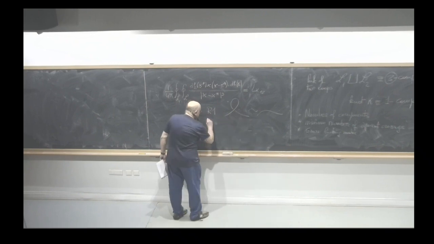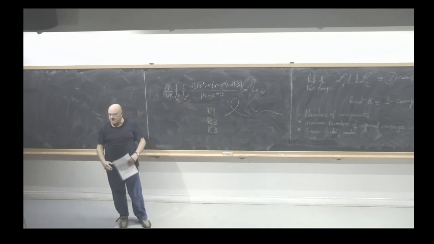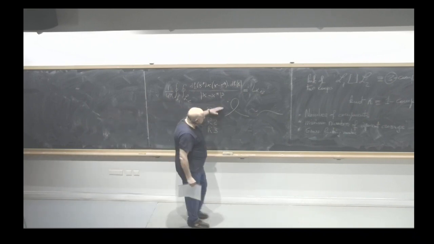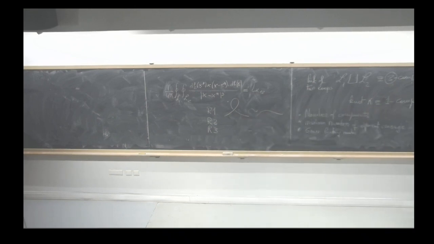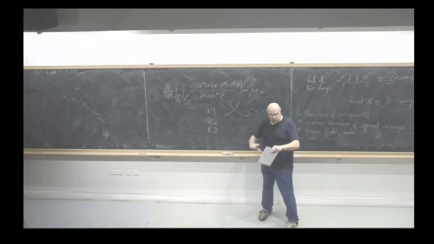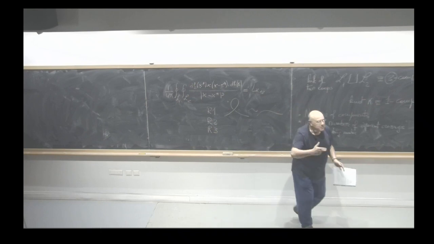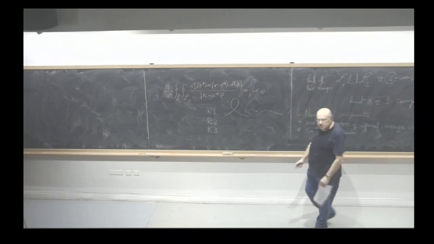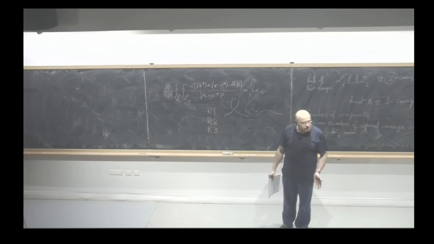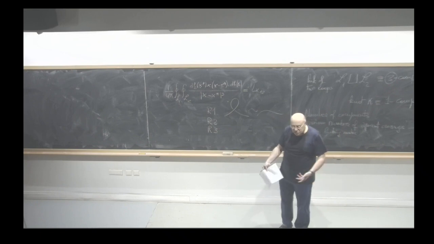And then there are other moves, R2 and R3, introduced in the 1920s. According to these moves, whatever you have as a projected curve with its apparent crossings, you perform these moves and you can reduce the complexity, the apparent crossings. When you get to the minimum number of crossings, don't ask me how, it is by trial and error.